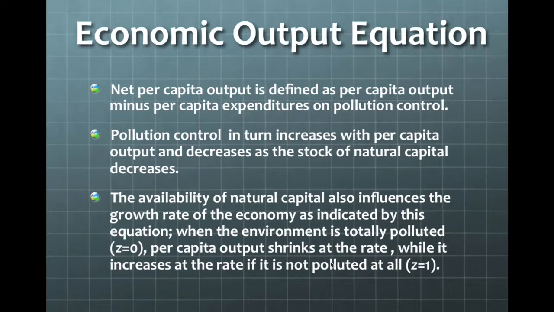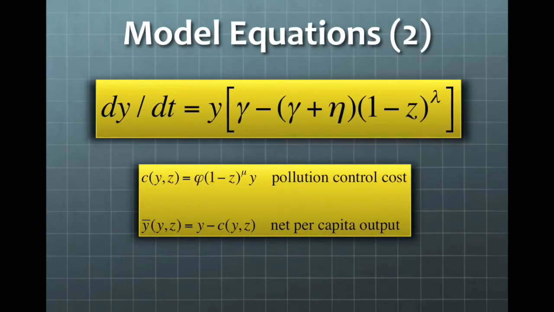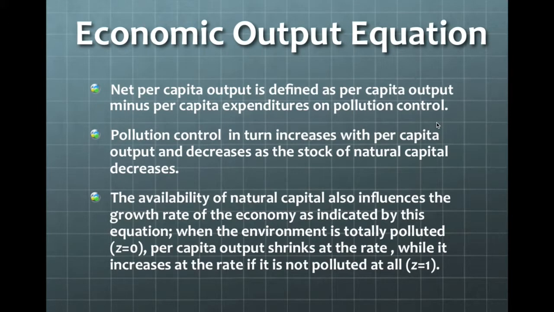If Z equals 1, on the other hand, if you have complete availability of natural capital, then the per capita output can grow indefinitely. So this sort of makes sense. This vindicates a little bit the nature of this equation. It's not as obvious, but it sort of works.